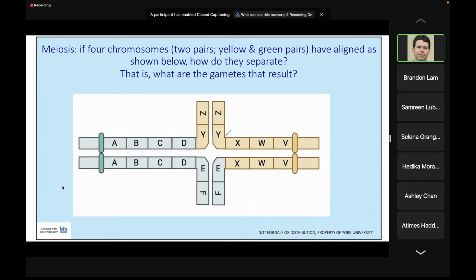But if the chromosome cuts the other way, like this, A, B, C, D, Y, Z, and then we have V, W, X, E, F, that'd be another way that it would cut. Depending on how those get resolved, you get this translocation event or it just goes back to normal.